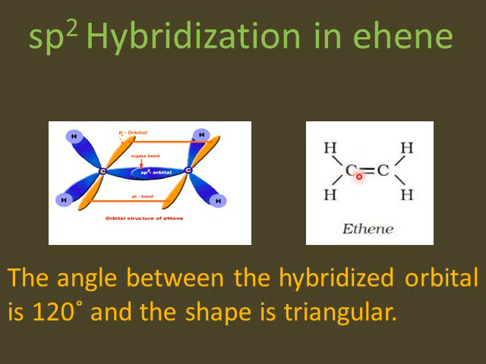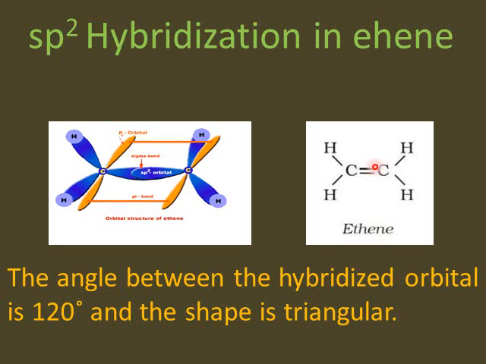Here this carbon, carbon number 1, is attached with 2 hydrogens and 1 carbon. So there are 3 orbitals. With 2 hydrogens and 1 carbon, it is going to be 3 orbitals. And this upper bond is formed by pz orbitals and it will be a pi bond. So this is not taking part in hybridization.